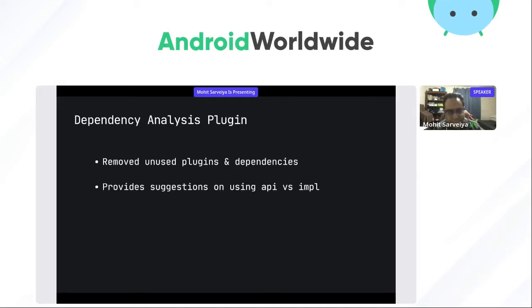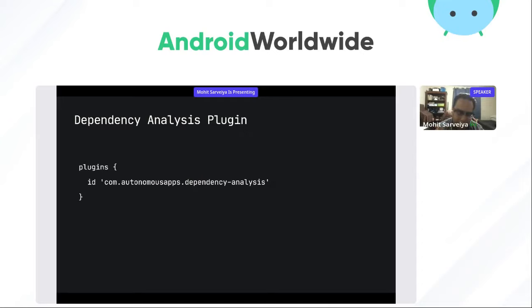What it does is that it could analyze your Gradle project, and it could tell you module by module what plugins or dependencies, module to module dependencies, are not needed. It could also provide you with suggestions on API versus implementation, and it analyzes the ABI basically of your project to determine these things.